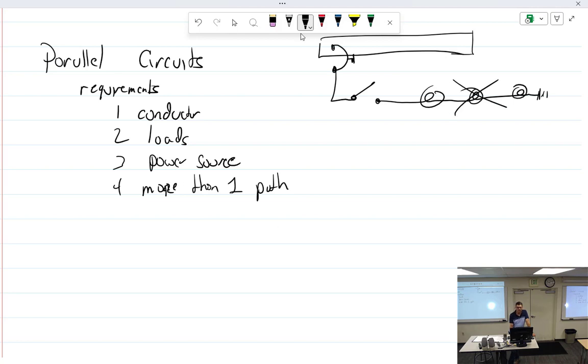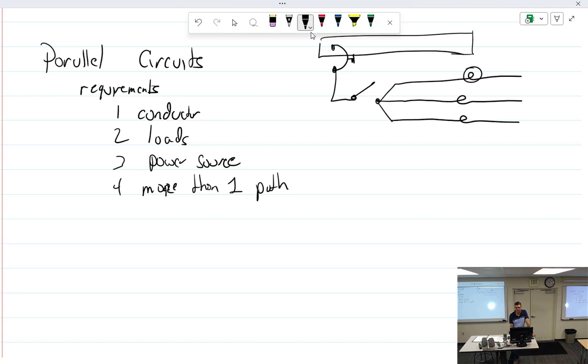So you put it in parallel, so if one goes out, there's still continuity even if one breaks. It's going to come off of here in parallel, one that way, one this way, one this way, and each one will be grounded out at its spot.